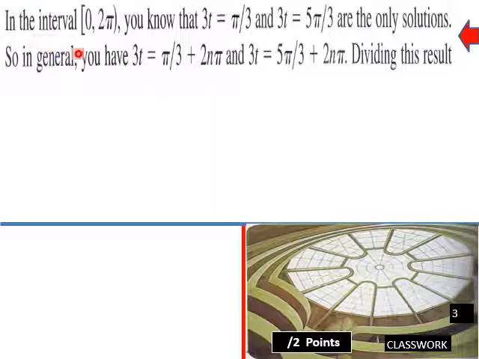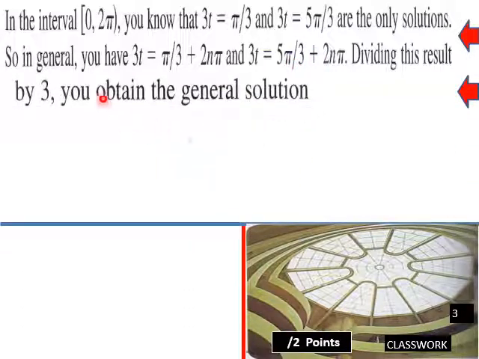Moving onward with this. In the interval 0 to 2 pi, you know that 3t equals pi over 3 and 3t equals 5 pi over 3 are the only solutions. So in general, you have 3t equals pi over 3 plus 2n pi, and 3t equals 5 pi over 3 plus 2n pi.